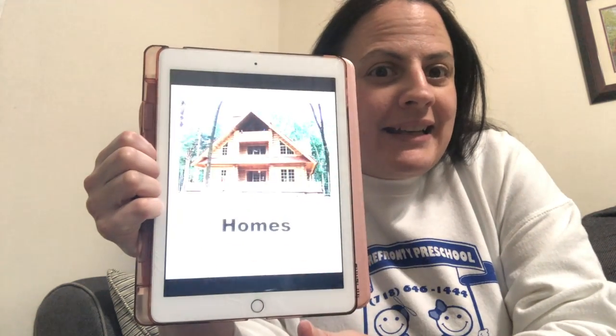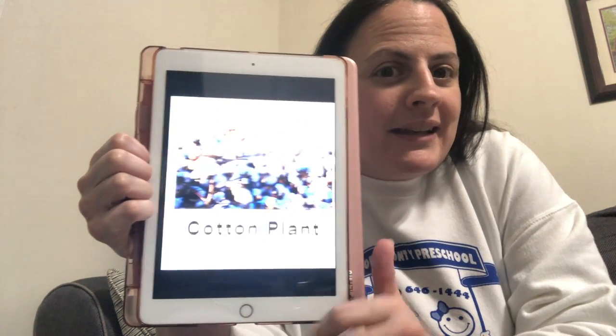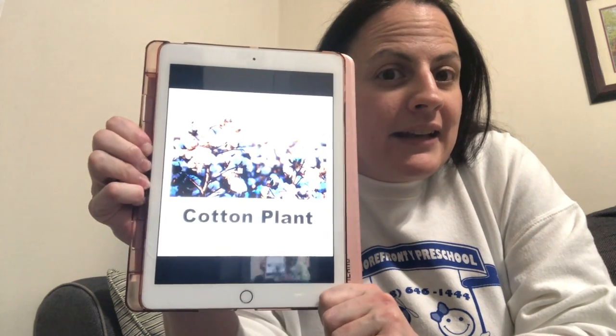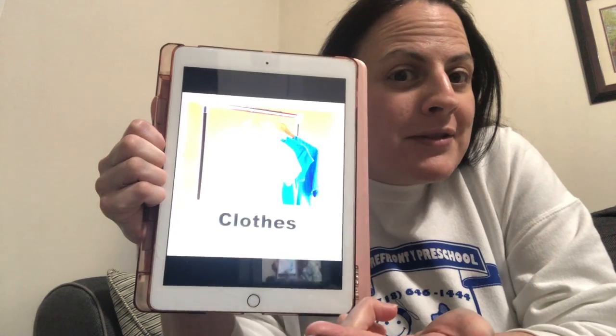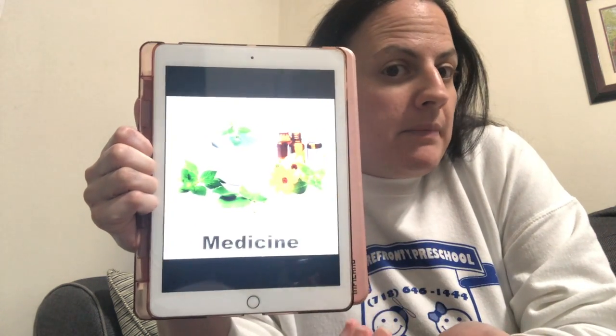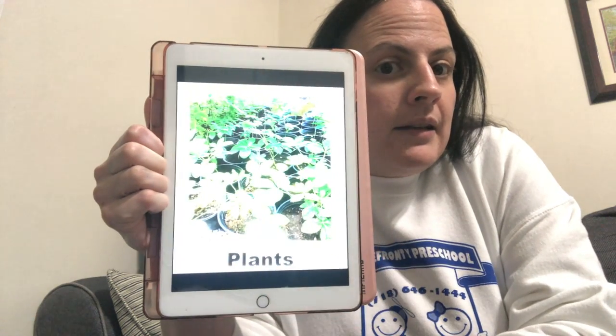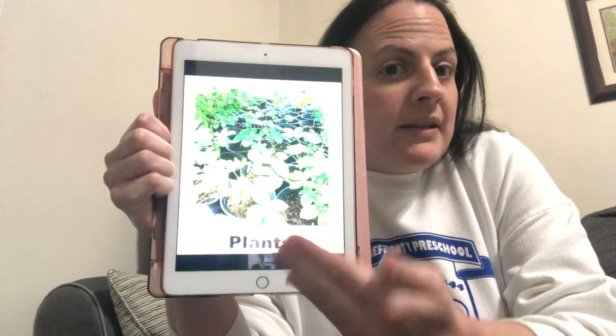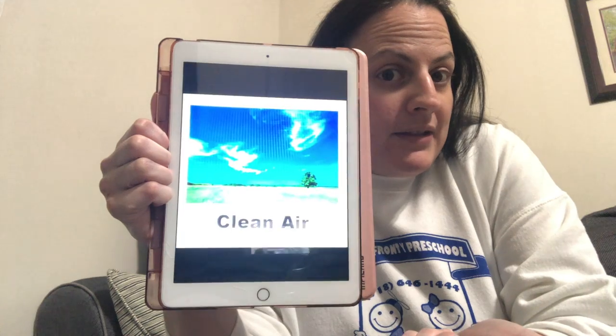Trees can give us homes. Cotton plant can give us clothes to wear. Ginger plants can be medicine. And then here are our plants. Plants give us clean air. We also learned about that.